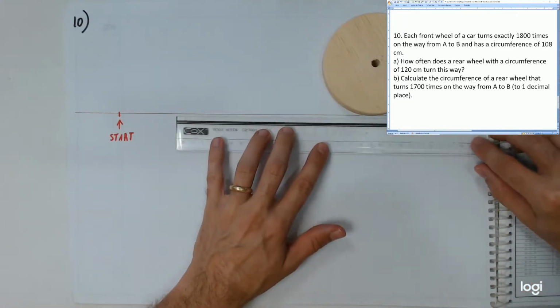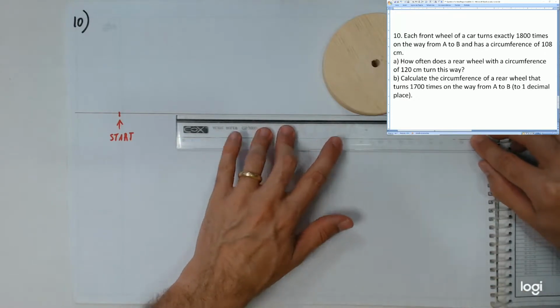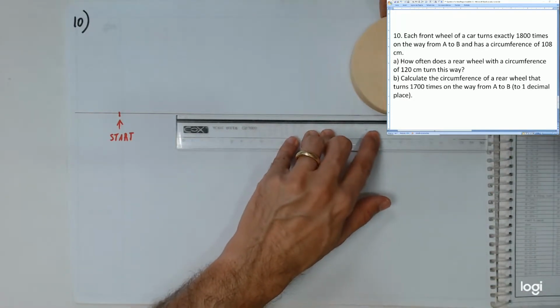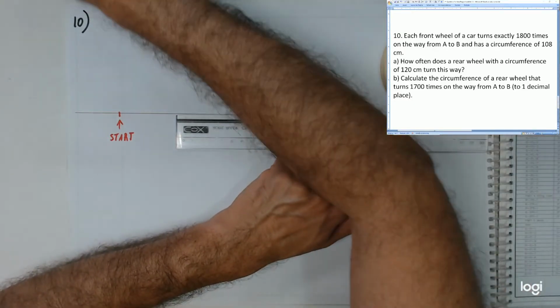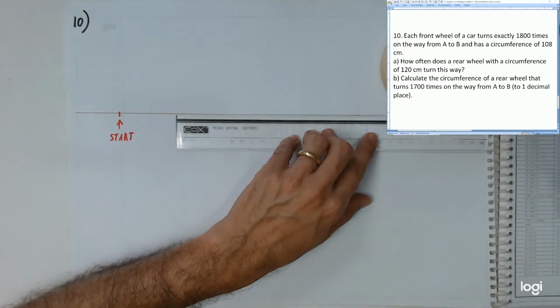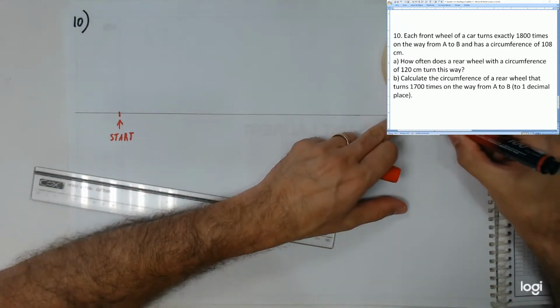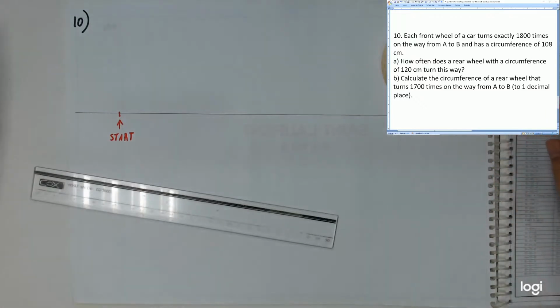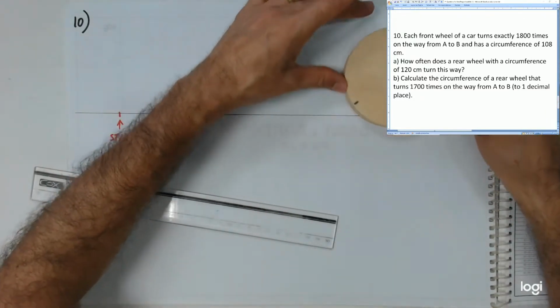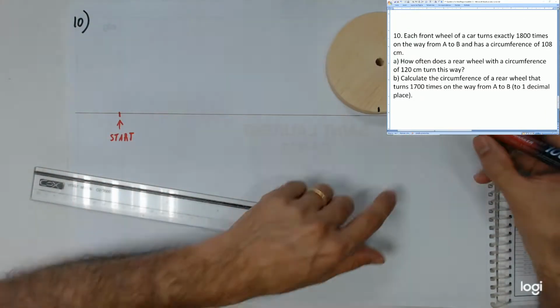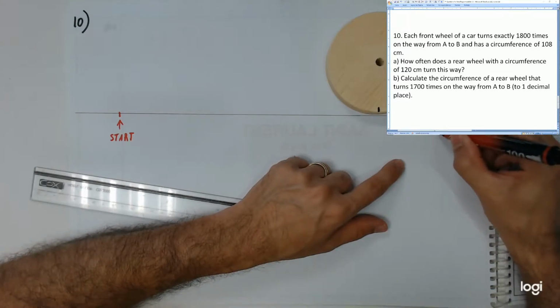Let's see. Oh, amazing. Perfectly. It was a coincidence. And this is the end point. Of course, it might have slipped somewhere doing this, but this is going to be the end point.